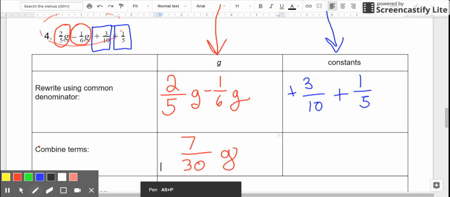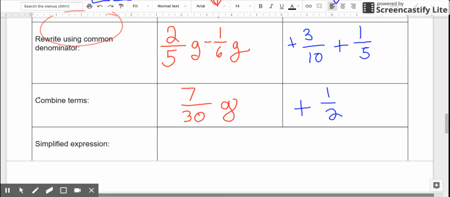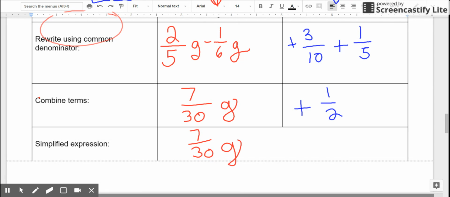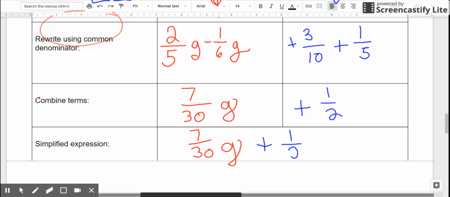For my constants, I need to take 3/10 plus 1/5. When I do this, I get a positive 1/2. This means my simplified expression is 7/30 g plus 1/2. This is an easier way of writing the expression that I started with. It's as concise as it can be.